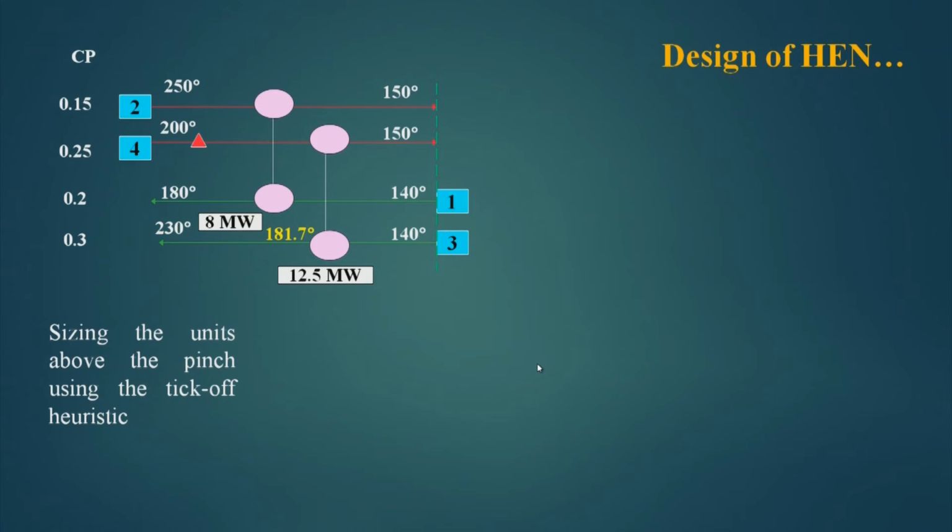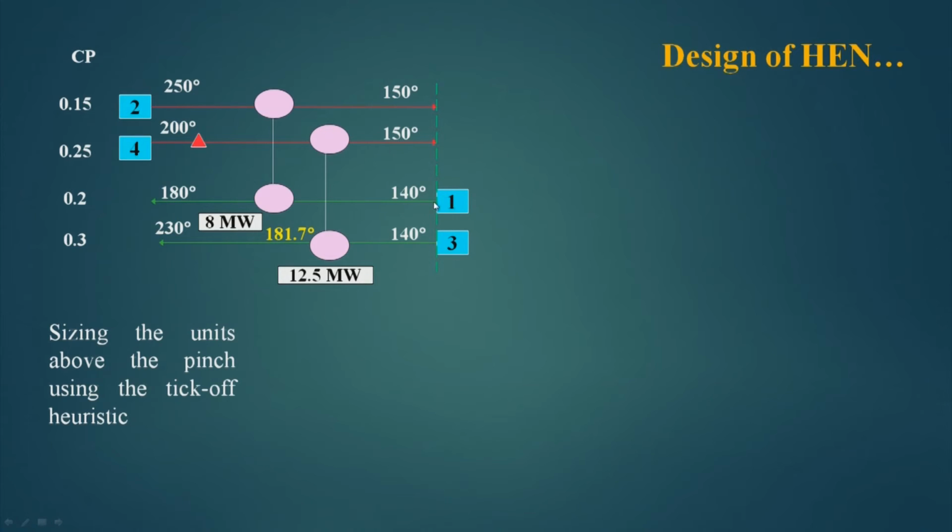Now, the second match is such that either this will be ticked off or this will be ticked off. Now, if I find out the enthalpies associated with 1, this is 180 minus 140 into 0.2. So, it comes out to be 8 megawatt.